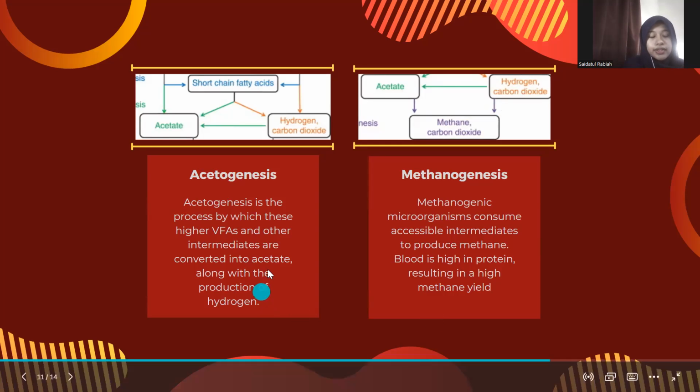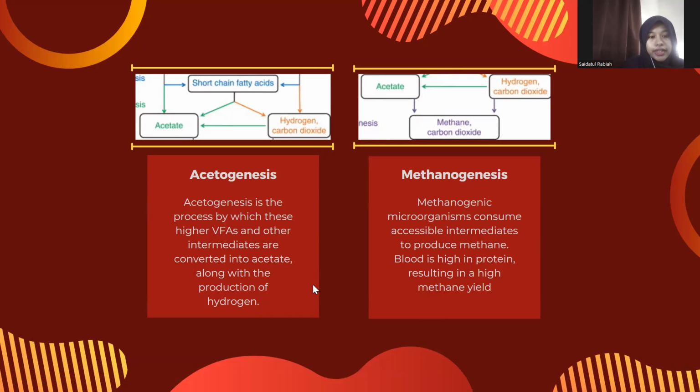So in this acetogenesis stage, the volatile fatty acids and other intermediates are converted into acetate along with the production of hydrogen. And then the last stage, methanogenesis, in which methanogenic microorganisms will consume accessible intermediates to produce methane and the byproduct carbon dioxide.